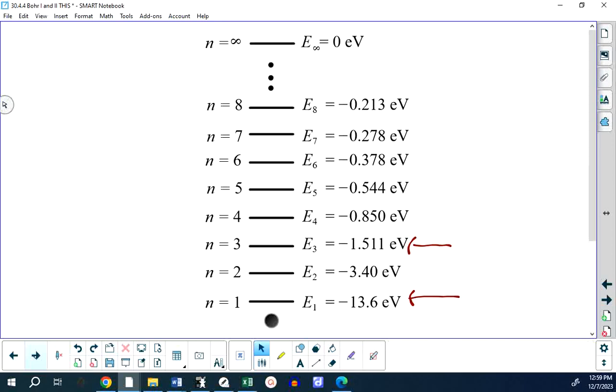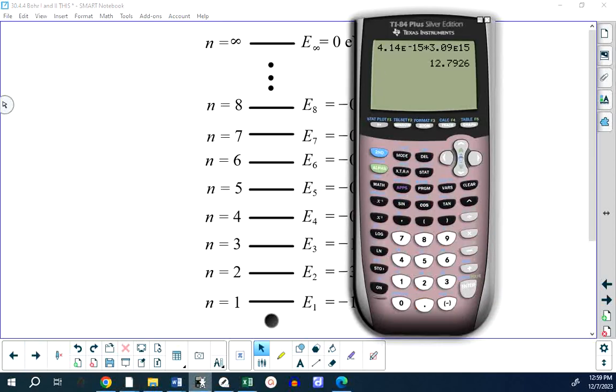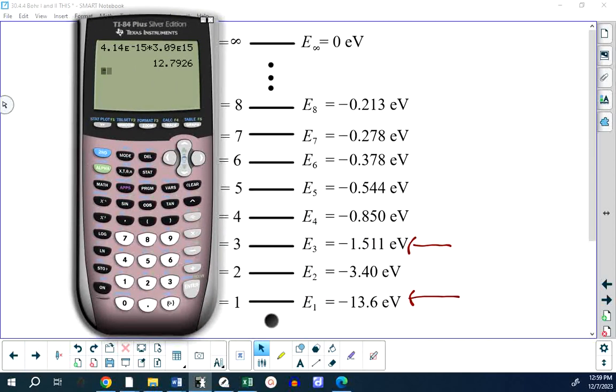It has to be that way because all of these constants have a bunch of decimals and we don't have access to them all. So I think if we take E4, which is negative 0.85 minus negative 13.6, we get close enough to say that that's it. So it must be from the fourth energy level to the first.